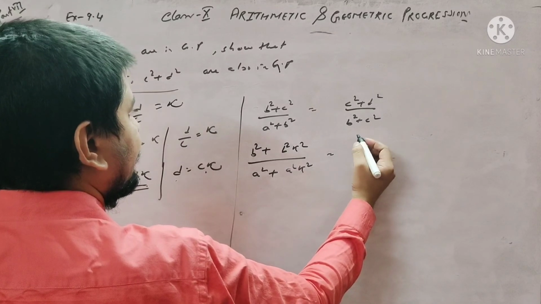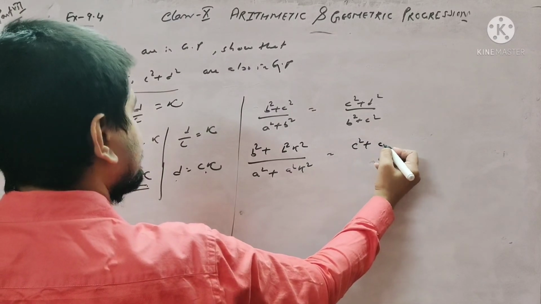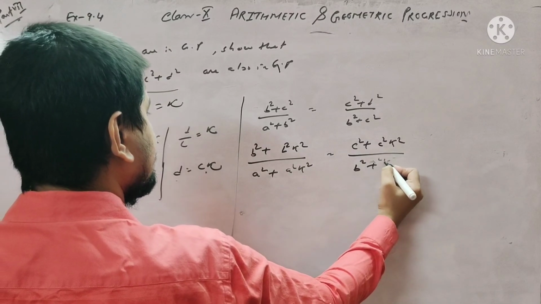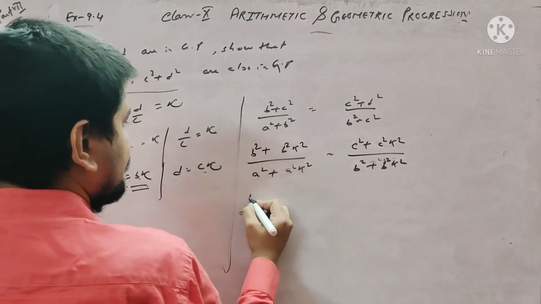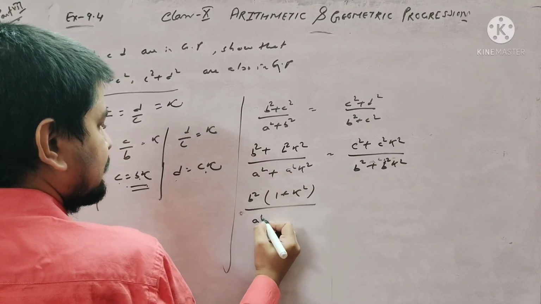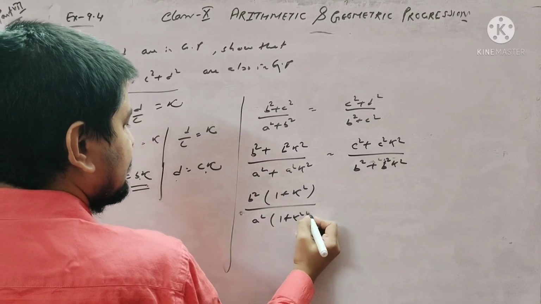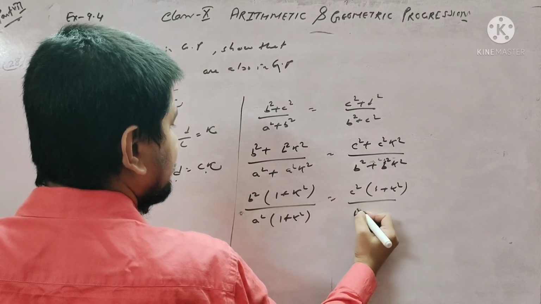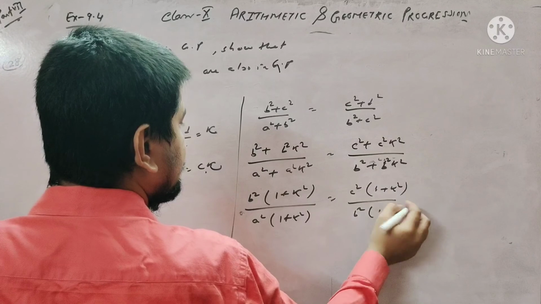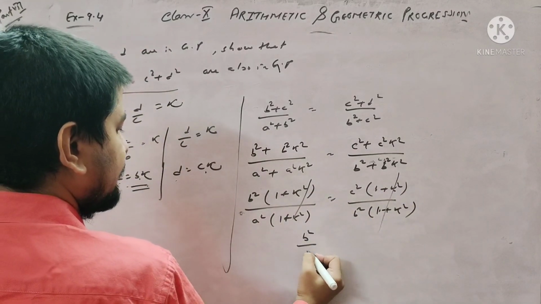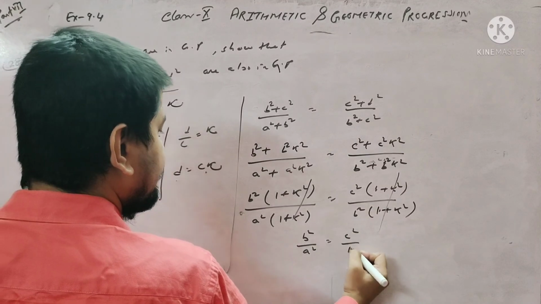And here for c square d square, that is c square k square, and b square c square is b square k square. So when you take b square common, 1 plus k square is left, and here common a square, 1 plus k square is left. Taking common 1 plus k square, and here b square, 1 plus k square. So this one cancels, that is b square by a square and c square by b square.